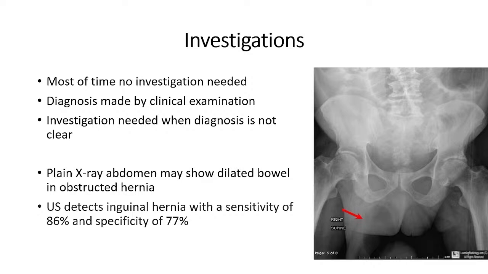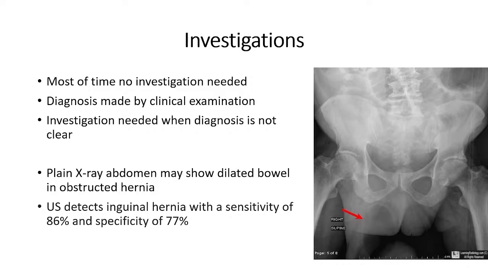A plain X-ray can show whether it is a complicated or uncomplicated hernia. It can show air below the pubic symphysis. This air below the pubic symphysis is because of the bowel loop that is in the hernia sac.